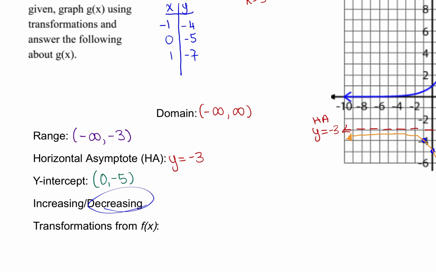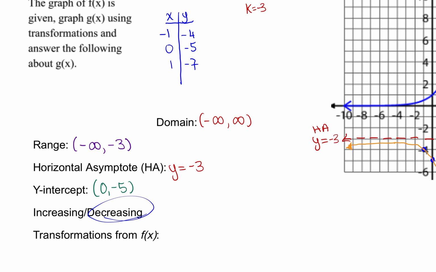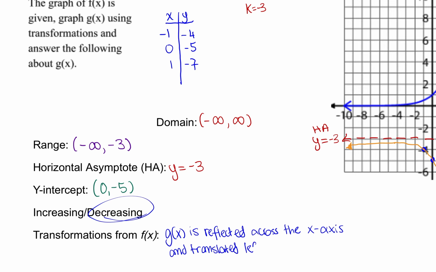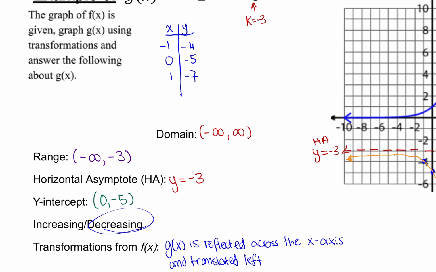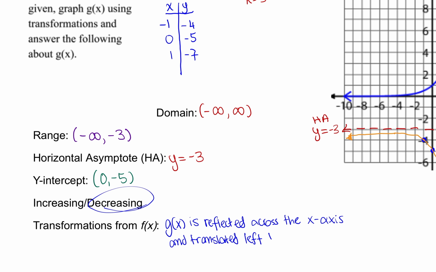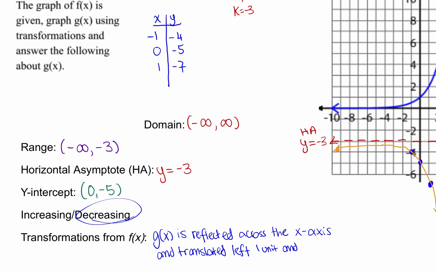The transformation for this one is going to be the following. G of x is reflected across the x-axis and translated left 1 unit, and down 3 units.